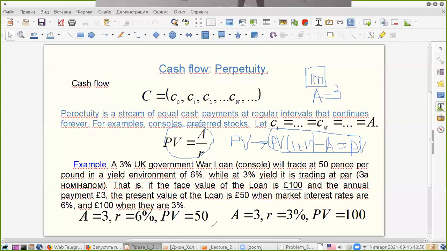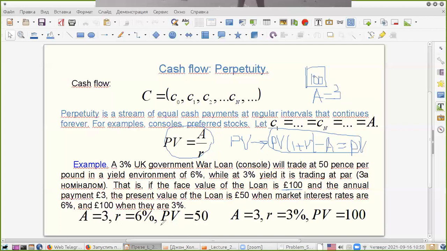So these present values are different, but the payments will be the same, 3 pounds per year.